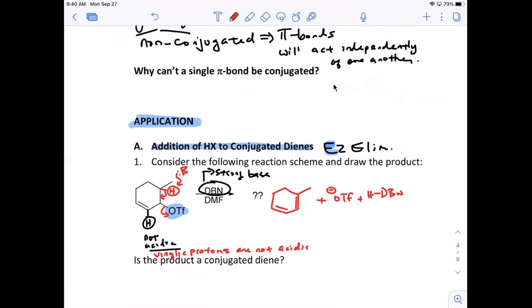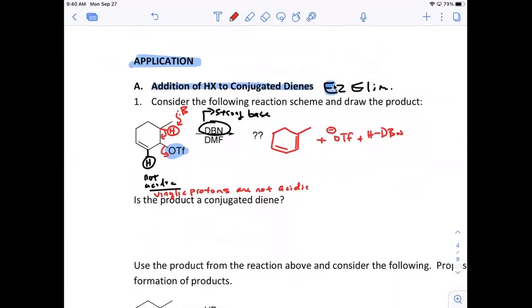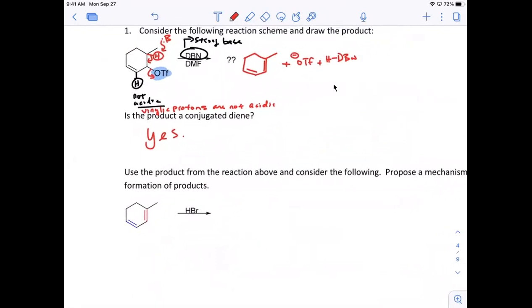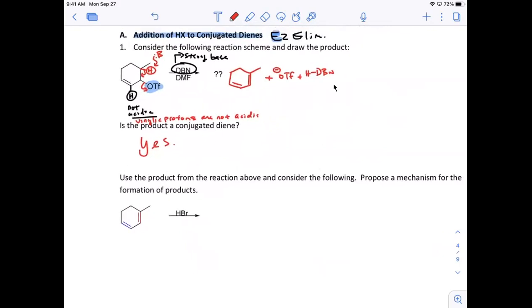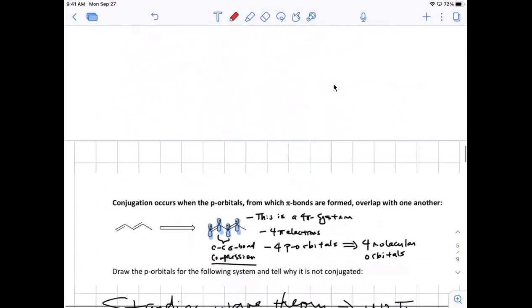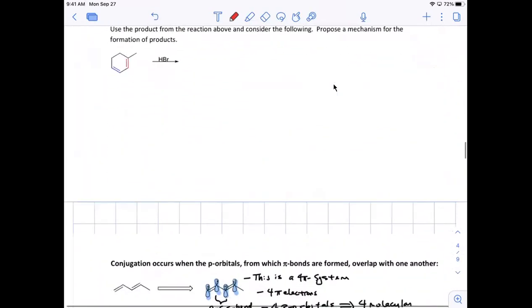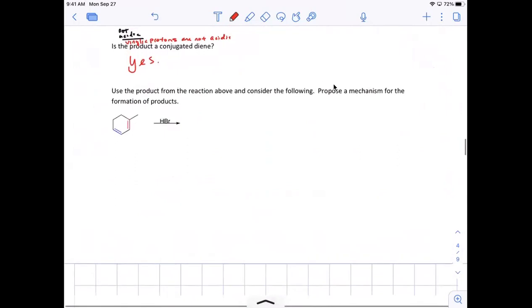All right, what about in the next question? It says, is the product a conjugated diene? Yes, it is. All right, so here's my product, and it says use the product from the reaction above and consider the following and propose a mechanism for the formation of the products. All right, so before we jump into that, I'm gonna give you a generic example first.